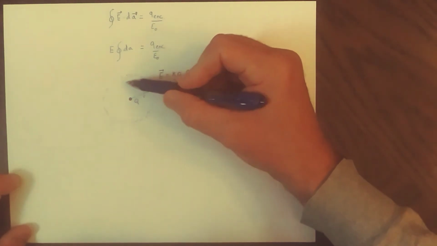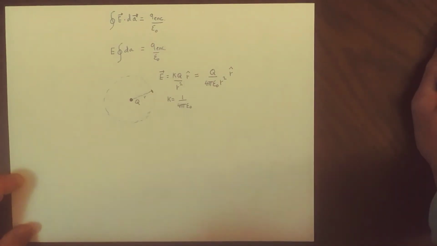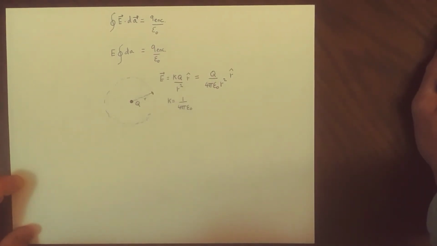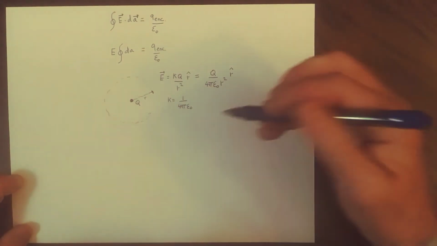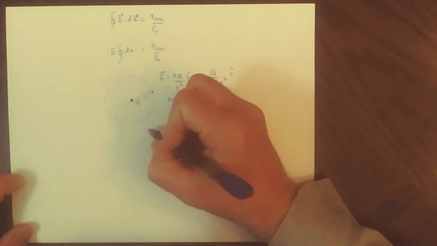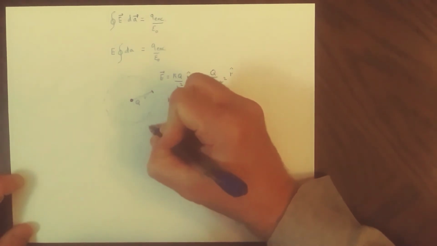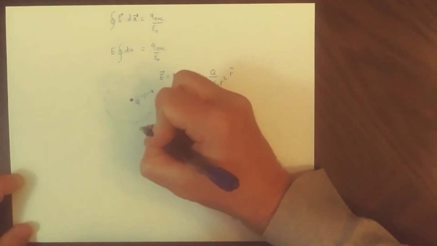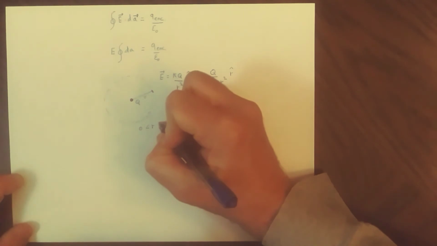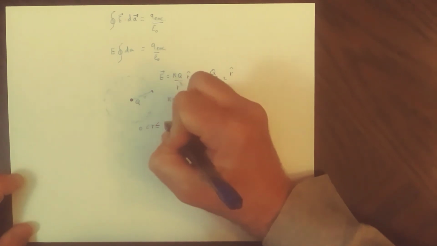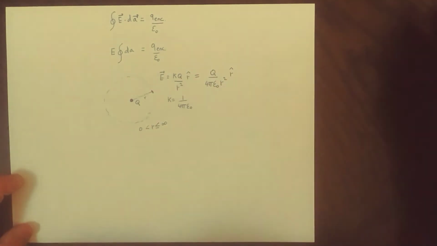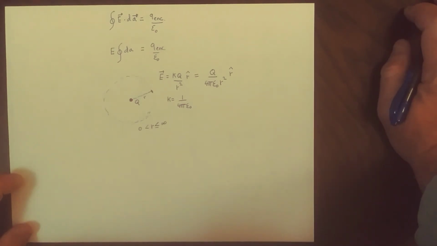So really we're dealing with an infinite collection of spheres of radial values that are greater than 0 and less than or equal to infinity. Right, so they go from 0 all the way to infinity.